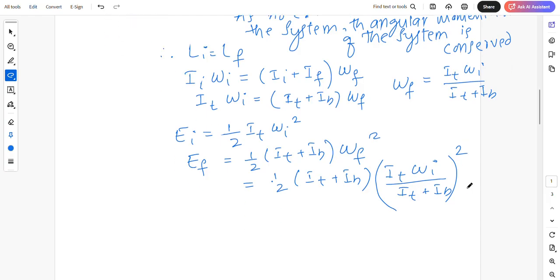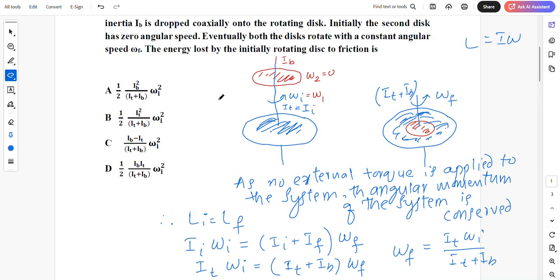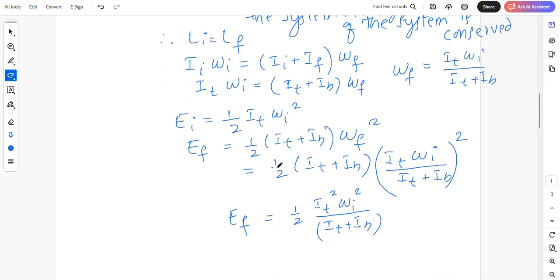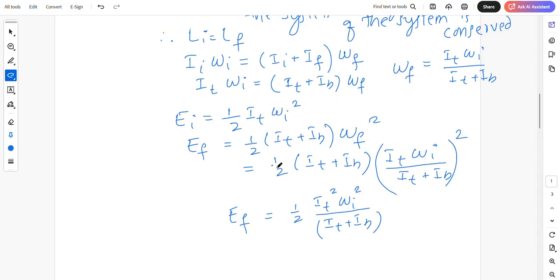That is equal to, we are going to get 1 by 2 IT square omega I square, because this gets cancelled, divided by IT plus IB. This is EF. What is loss of energy? You are supposed to calculate loss of energy. This is given by what?